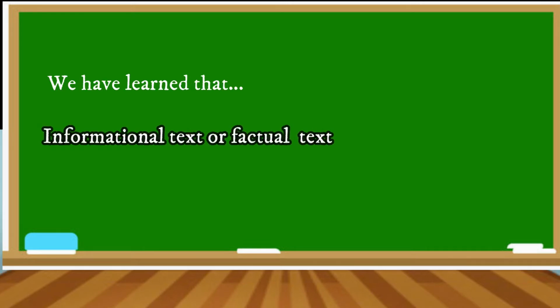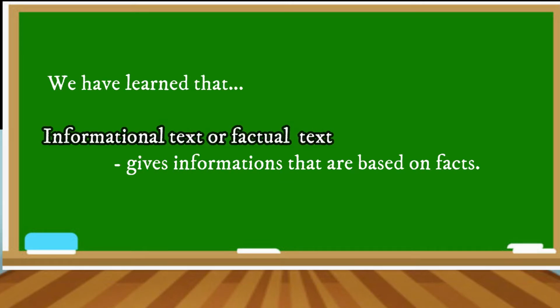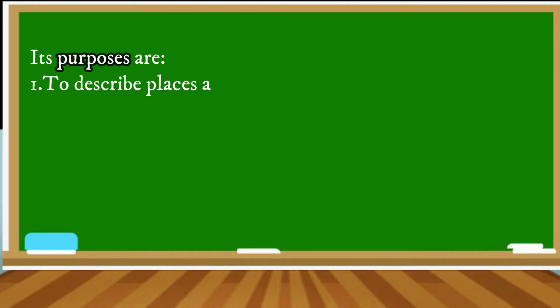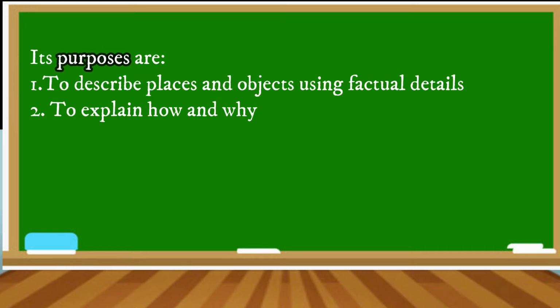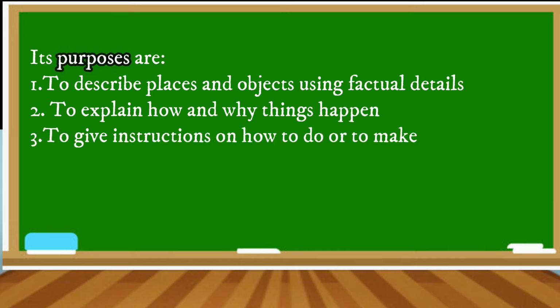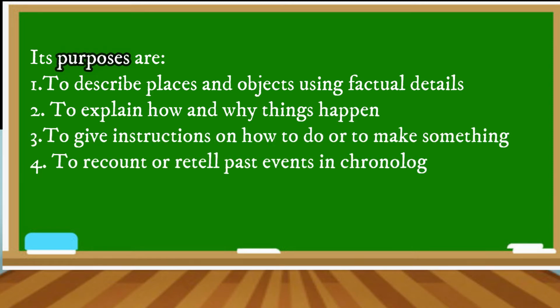In our previous lesson, we discussed the types and purposes of informational or factual texts. We have learned that informational or factual texts are texts that give information based on facts. Its purposes are: 1. To describe places and objects using factual details. 2.